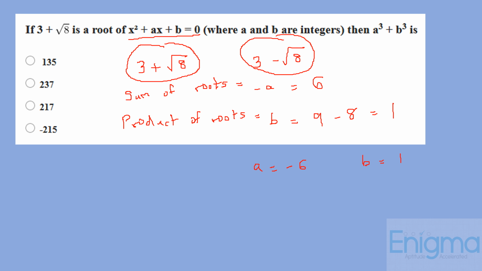Now, we have been asked a cube plus b cube. So a cube, that is minus 6 cube, plus 1 cube. Now minus 6 cube becomes minus 216 plus 1. Hence, the final answer is minus 215.